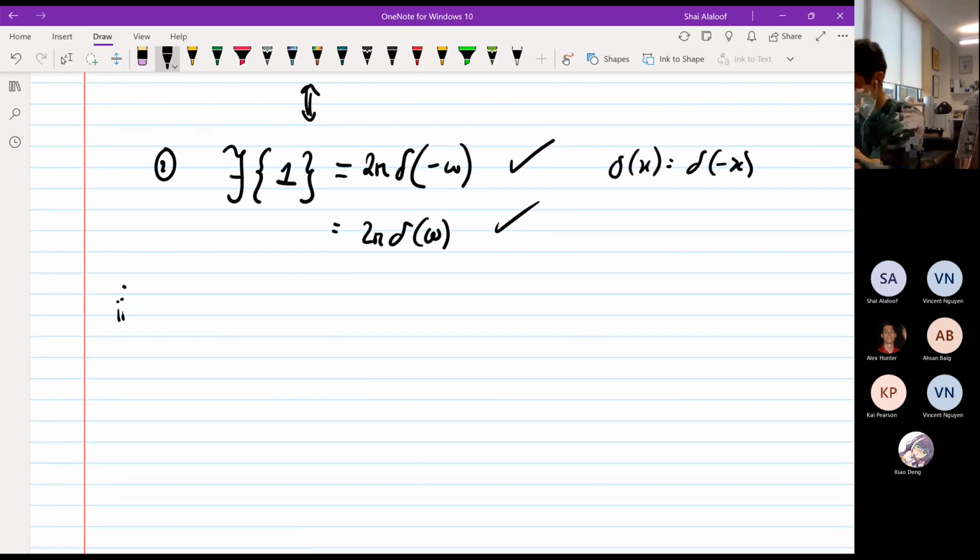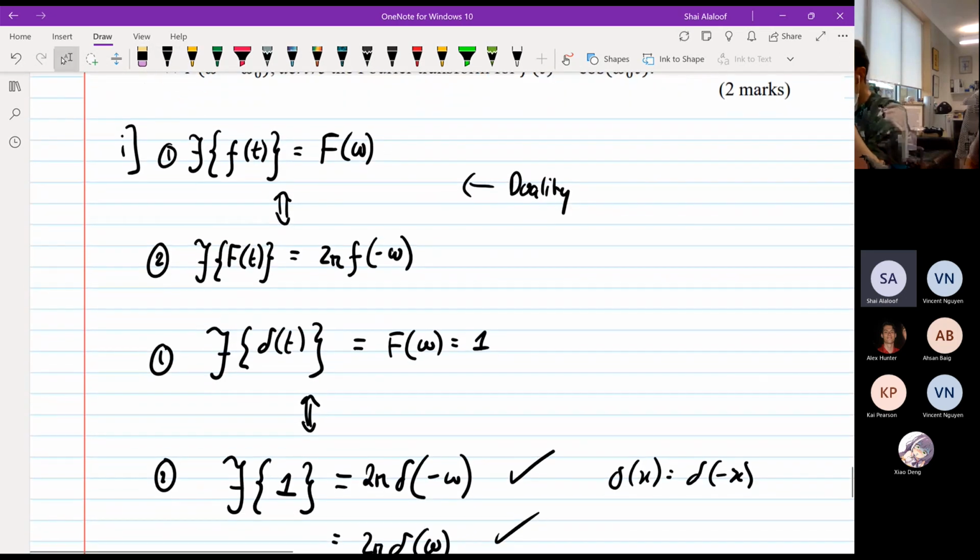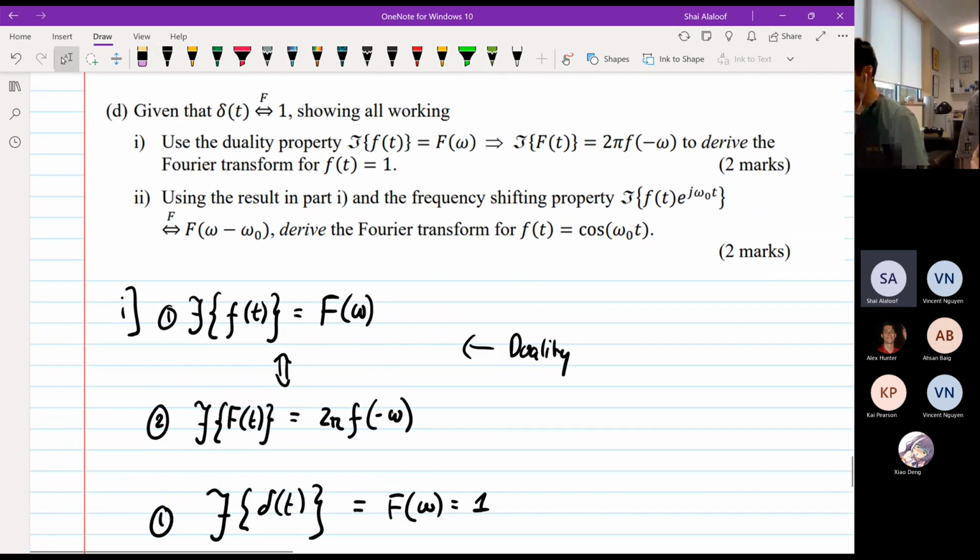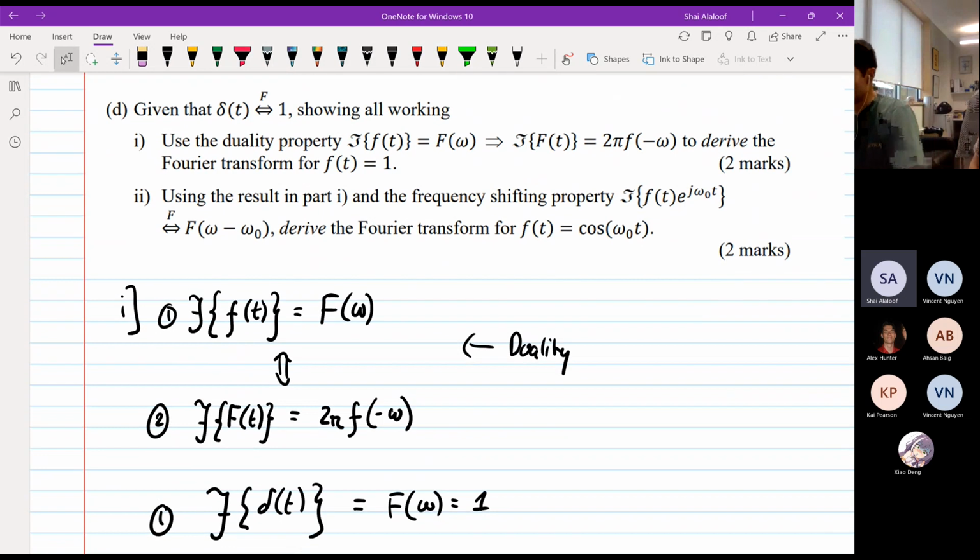Okay. Now for the second question, which is a bit more interesting. And this is one that I think is personally a little bit difficult, but it's a nice question. So using the result in part 1 and the frequency shifting property, if you frequency shift in the Fourier domain, that corresponds to a phase change in the time domain. So Fourier domain frequency shift is the same as time domain phase shift.